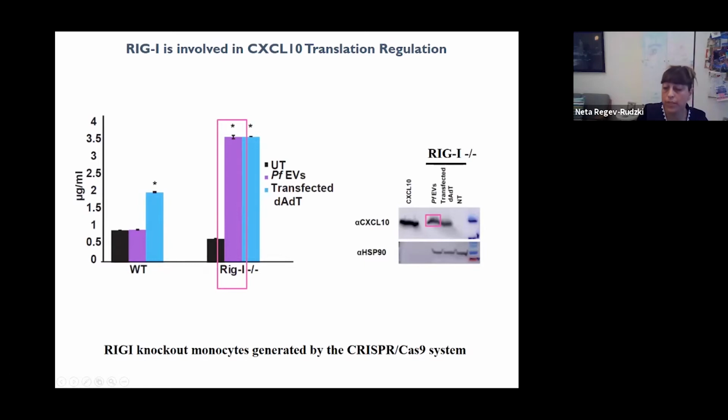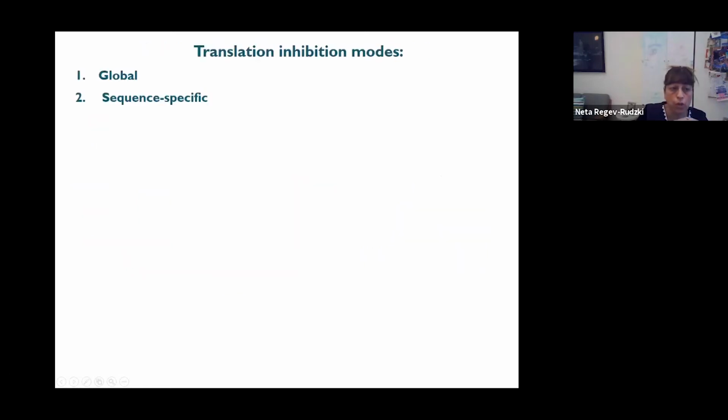Now, 2 more points that I would like to mention when we talk about translation inhibition mechanisms. The first one is that these mechanisms are sort of divided into 2 main modes, the global translation inhibition and the sequence-specific translation inhibition.